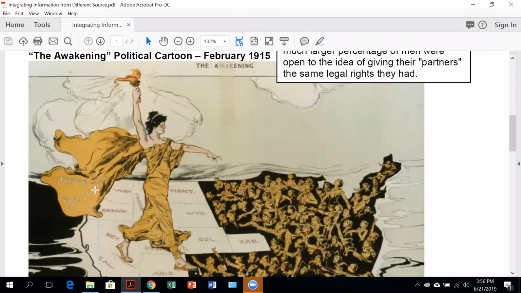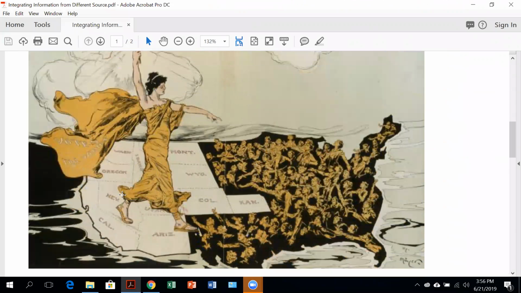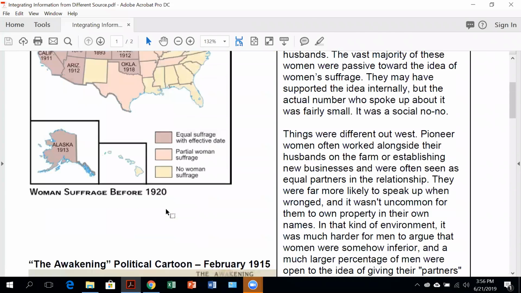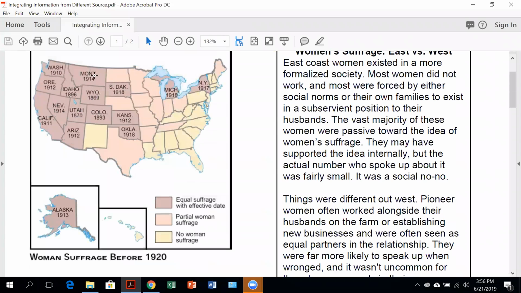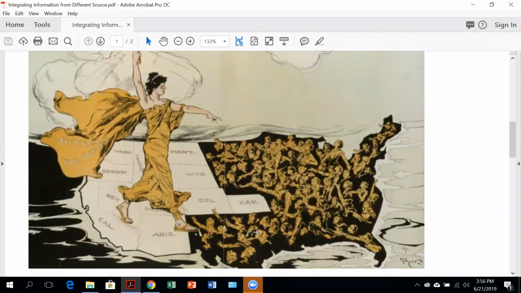And I always try to look to see if there's symbols on things, if there's writing on things, and I can see that it says, it's not easy to see, but it says votes for women. So Lady Liberty's cape says votes for women. And she is standing on these Western states that we saw earlier that allowed women to vote. So it seems that Lady Liberty is standing on these states that have already allowed women to vote. But then I see all these figures here.